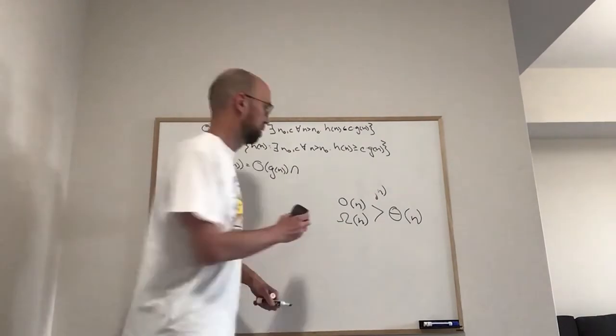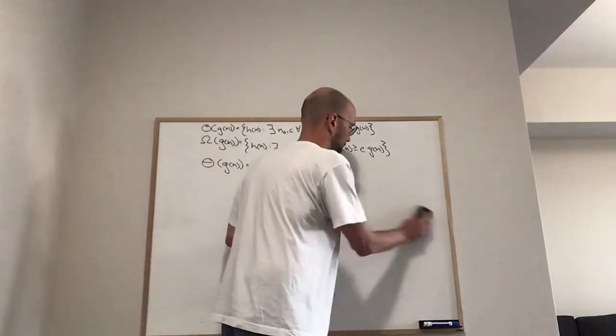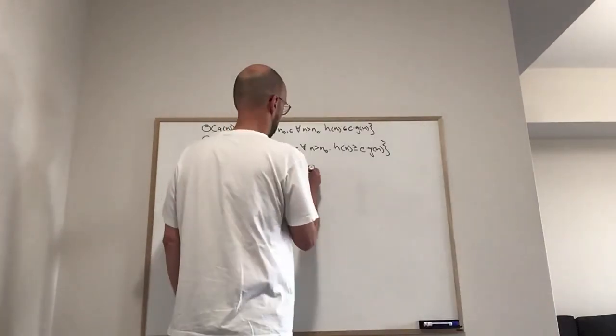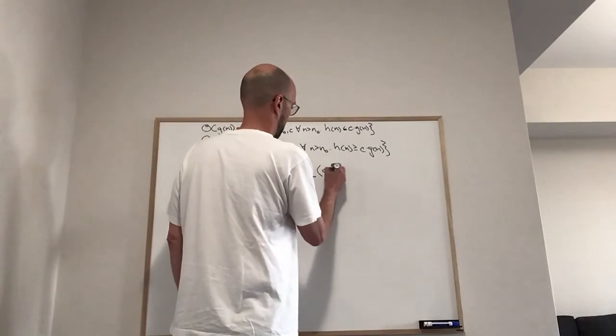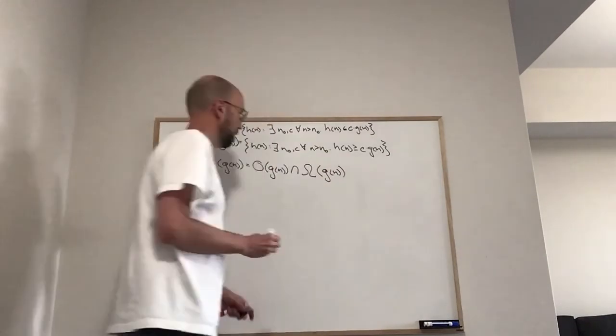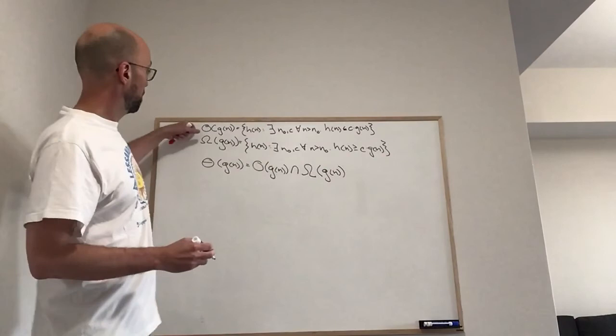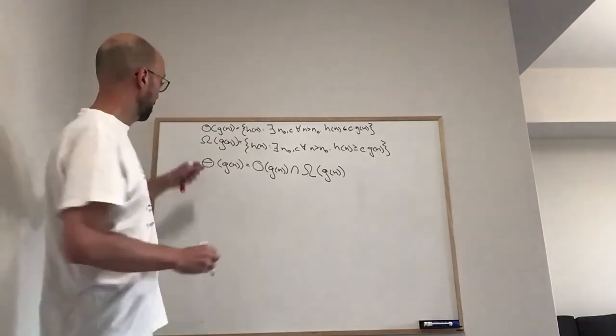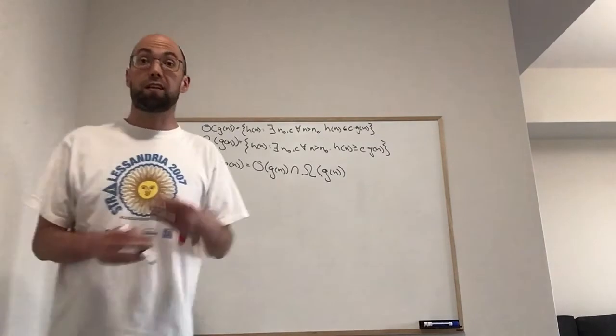But usually no. Okay, so big O is upper bound, big omega is lower bound, and theta is an asymptotically tight bound.